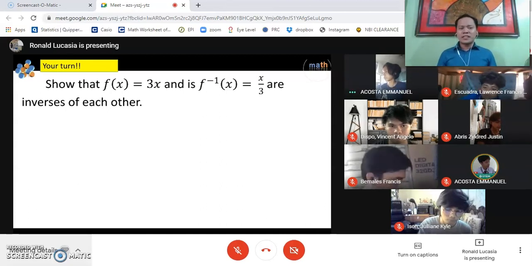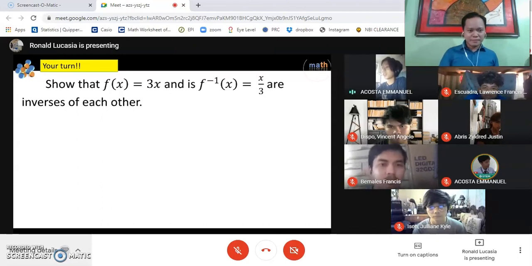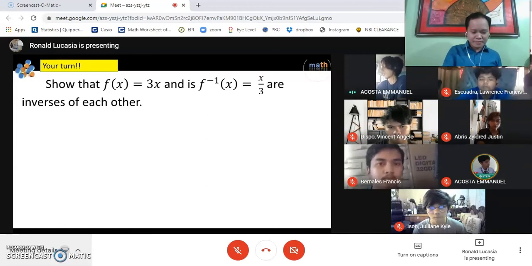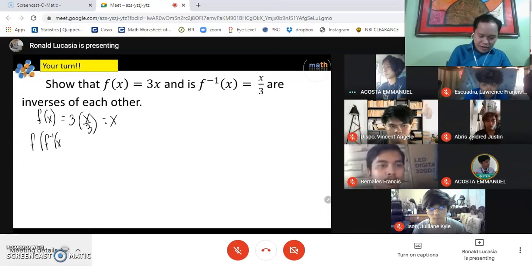How did you show that the two functions are inverses? To show that the two functions are inverses of each other, I substitute the value of one function into the x of the other function. So getting f of x times x over 3 is equal to x. Okay, so you are getting f inverse of x.